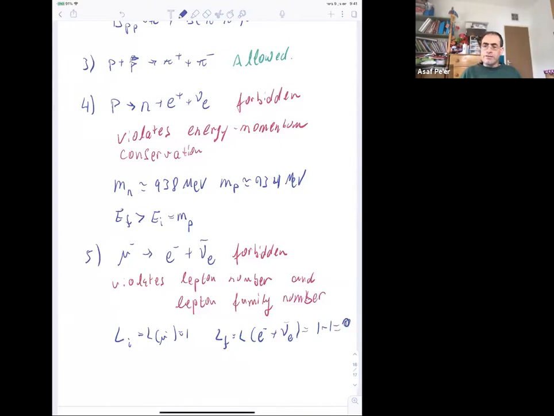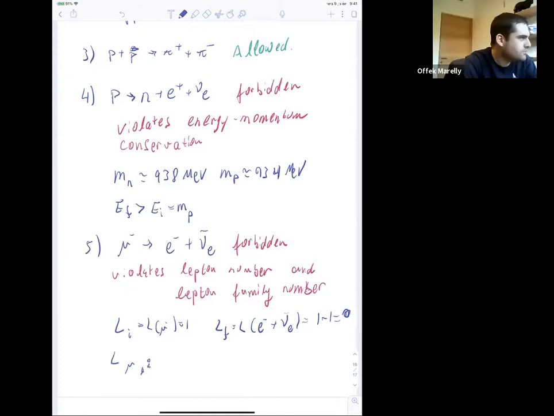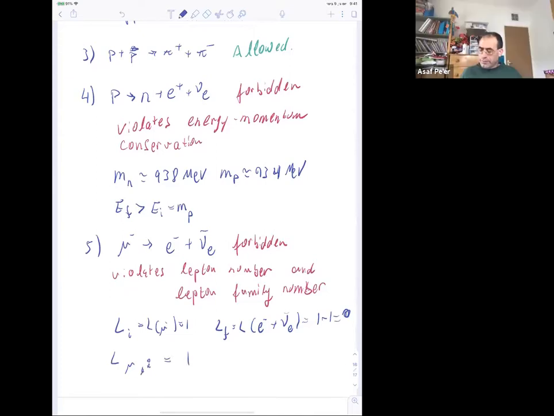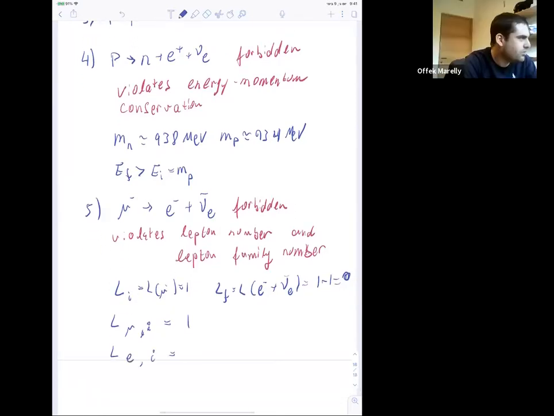There is a violation. Also, what is the muon number initially? The family number of the muon, right? So L muon initially. What is that? 1. We have 1 muon. What is the electron family number initially? 0.